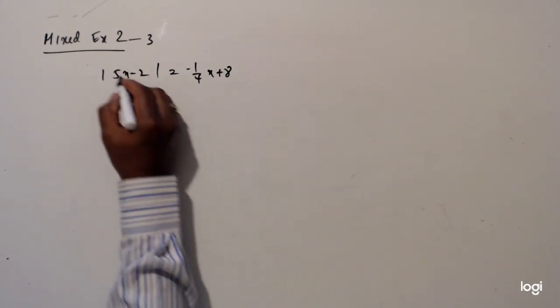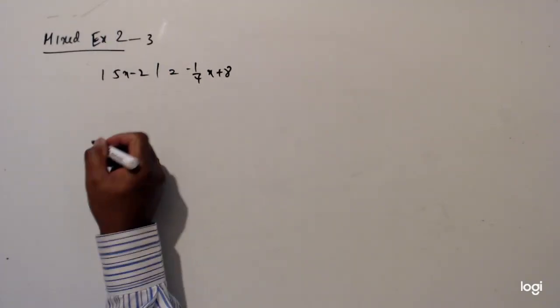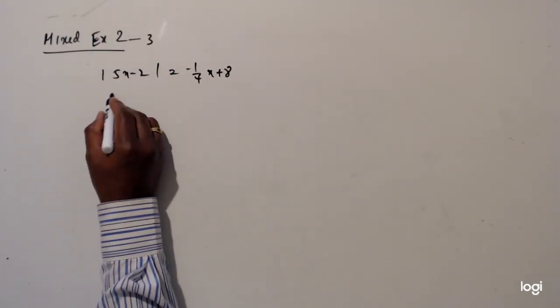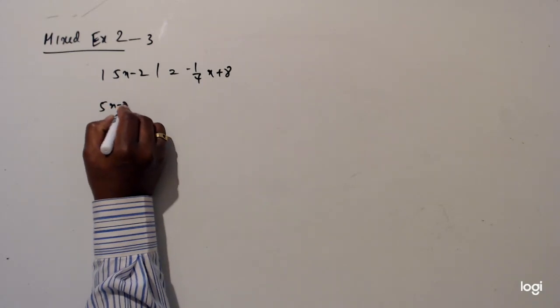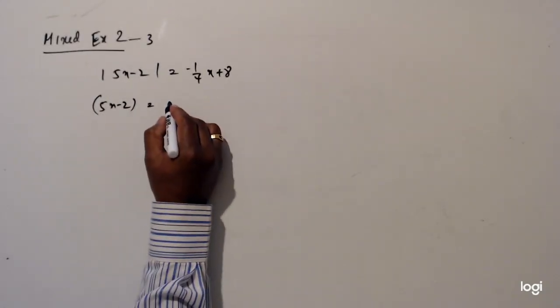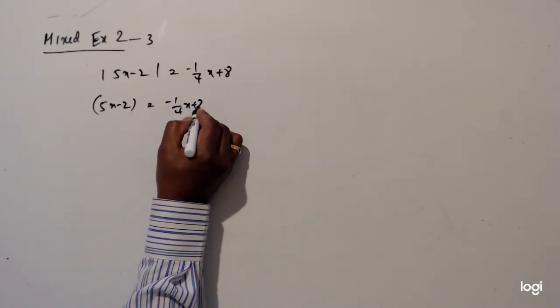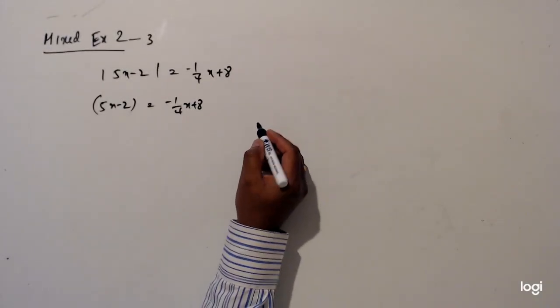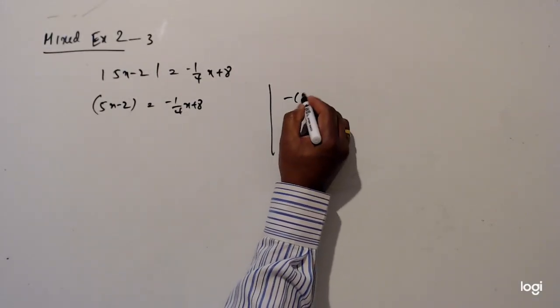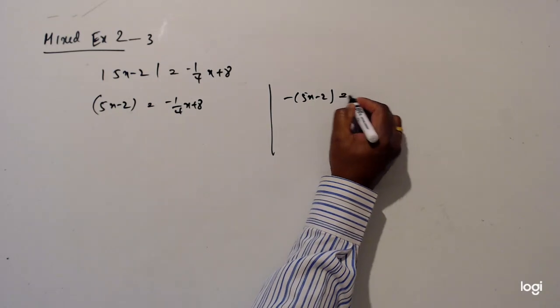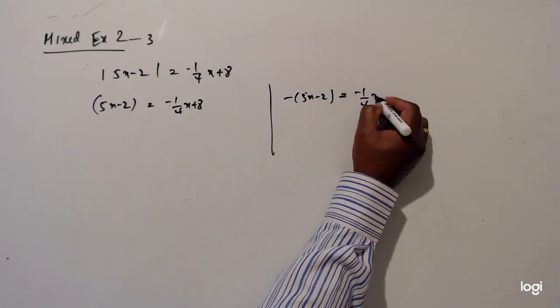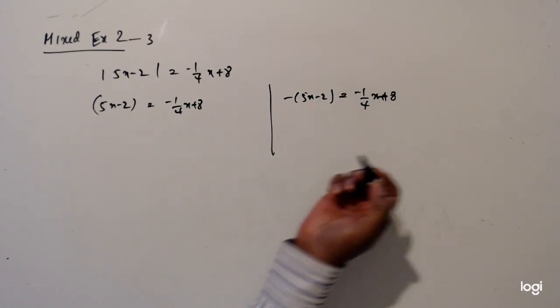Question number 3, we have to solve this one. So we'll take the positive answer first. Equal minus 1 over 4x plus 8, and the negative one: minus 5x minus 2 equal minus 1 over 4x plus 8.